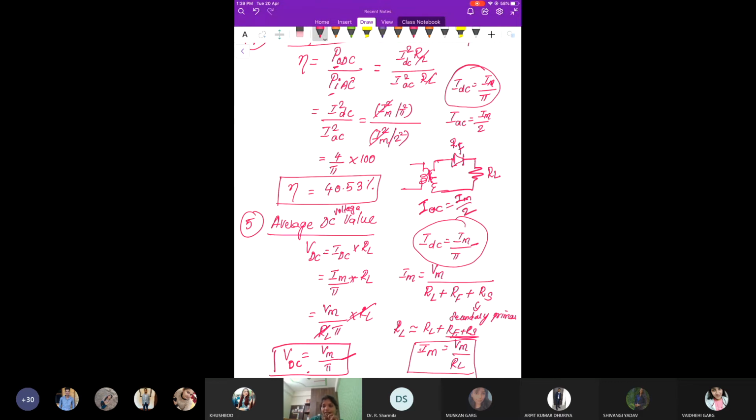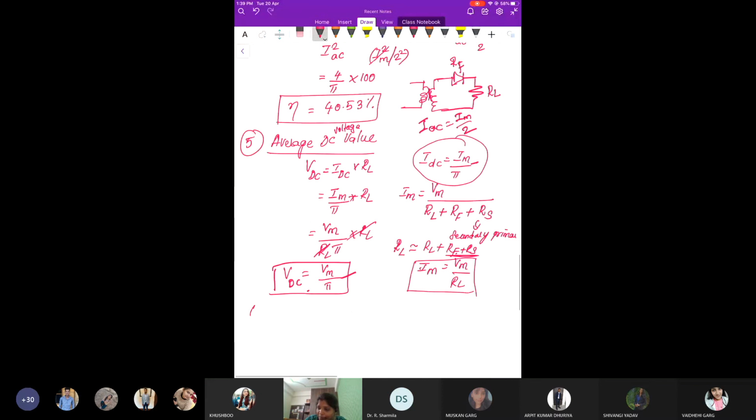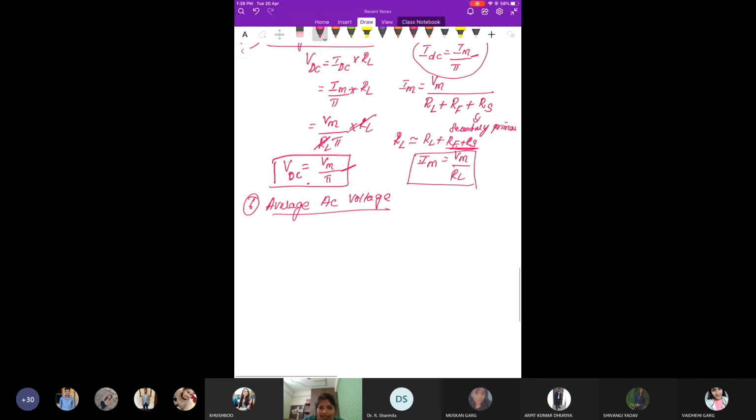Next we are going to calculate VAC, which is your average AC voltage. Easily you can remember the value. I explained the derivation also, how we are getting this value. If you want, you can remember the derivation part; otherwise, directly remember the final value.